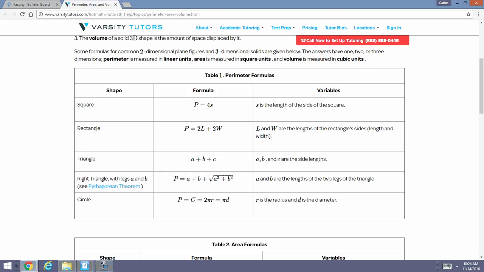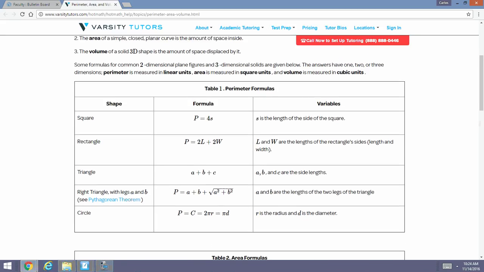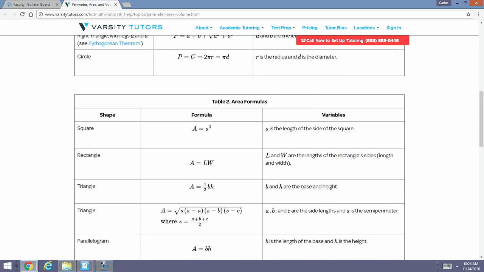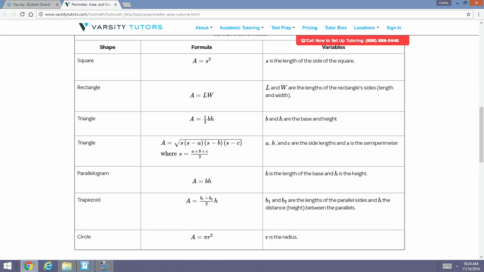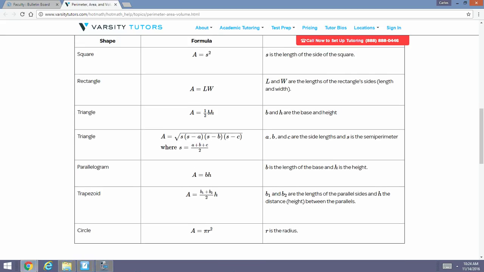And then this table also goes into area, which you should know: square, rectangle, triangle, trapezoid, circles. You should know all of these as well. Now, if you don't know these, it's not a big deal. Learn them.